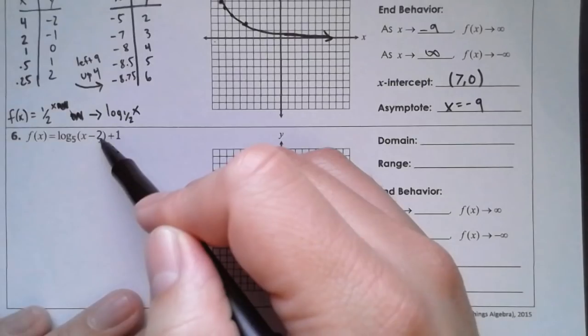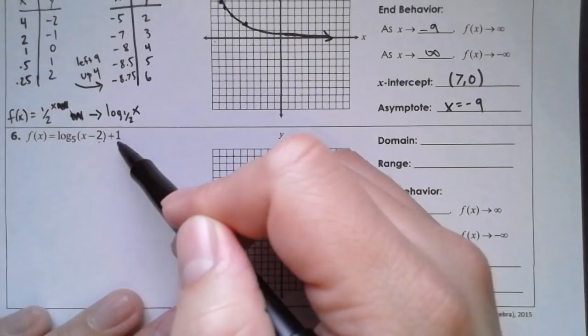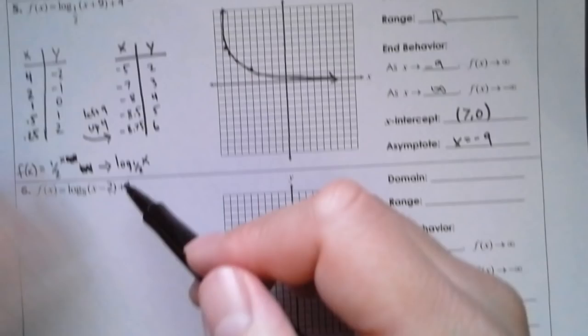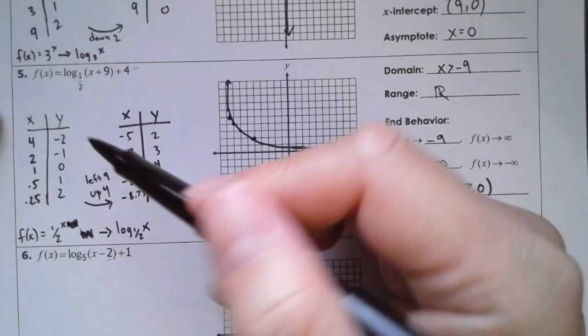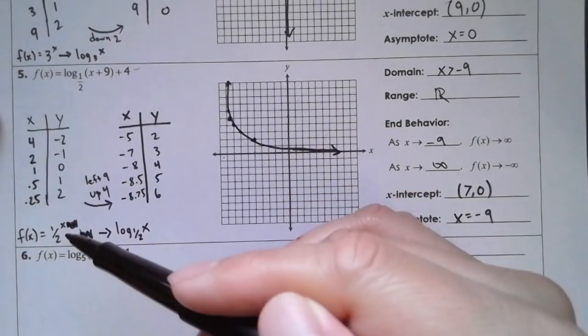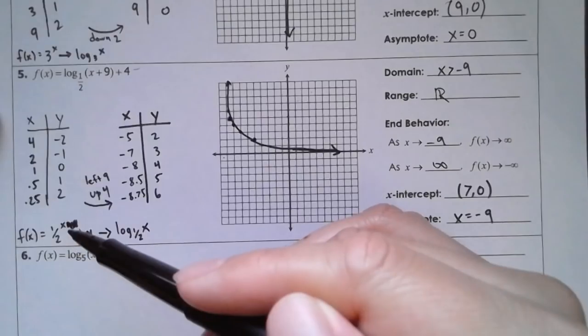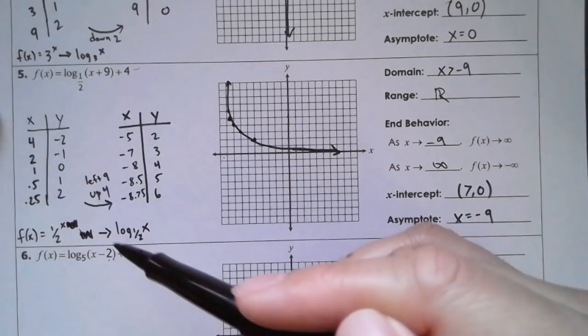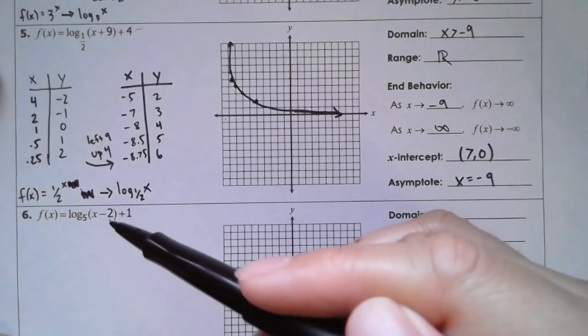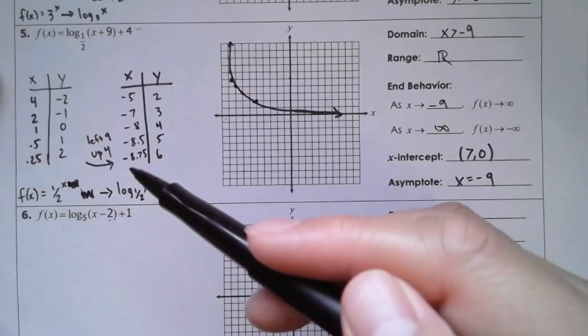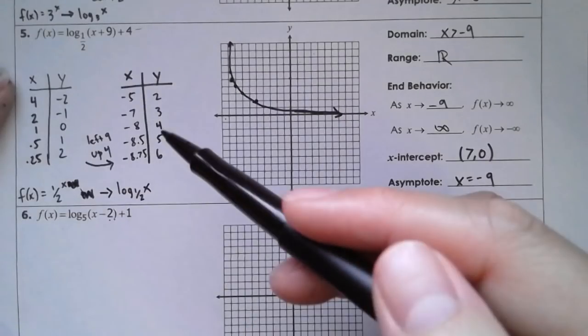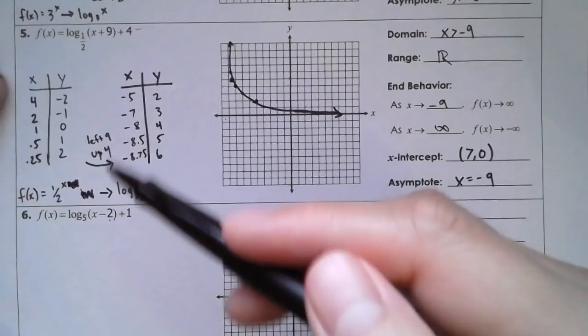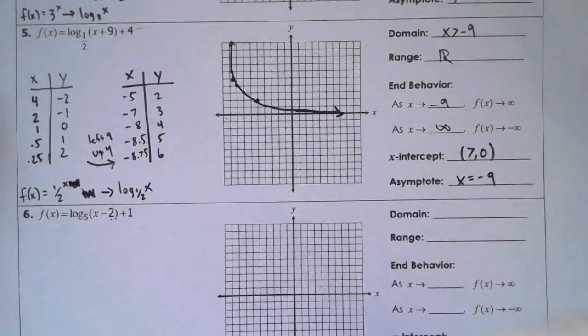So same idea, plot your inverse table to the parent function and then apply 2 to the horizontal, so add 2 to all your x values and then add 1 going up. Add 1 to all your y values because you're going up. And that wraps up concept 45.